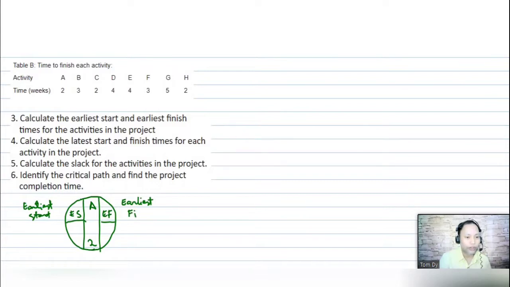And then this one is the latest finish, LF. And then this one is the latest start, LS.